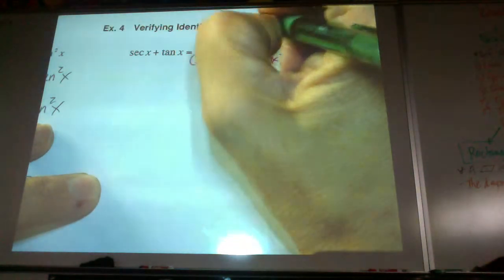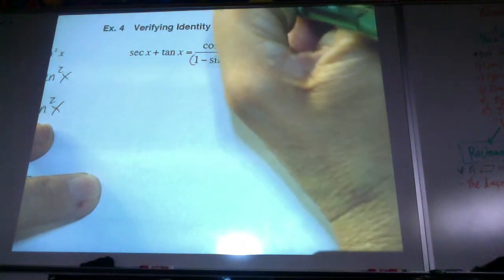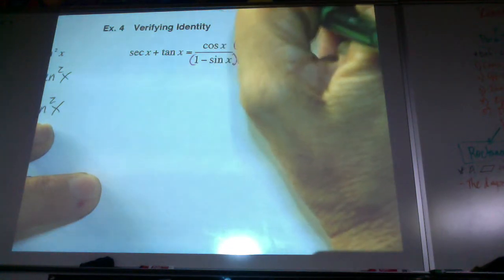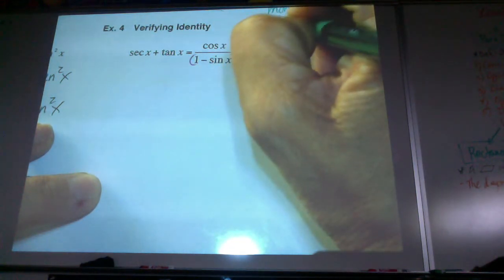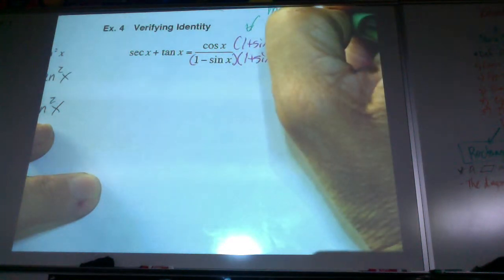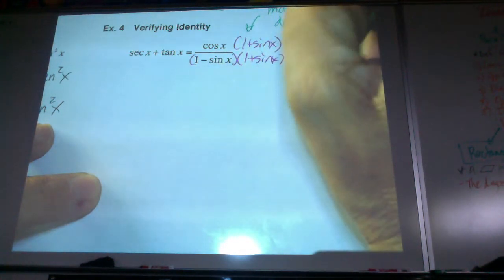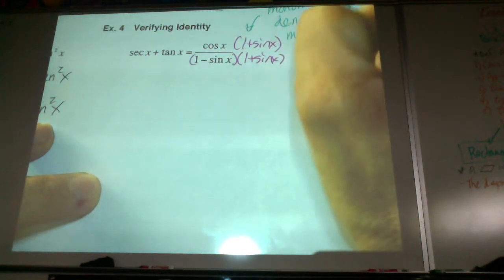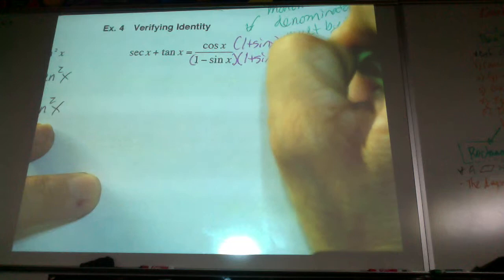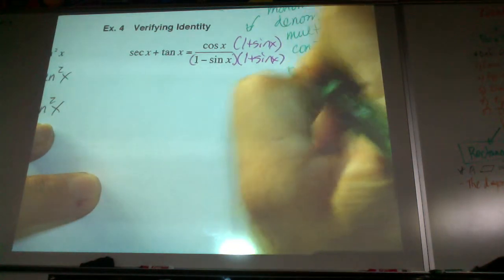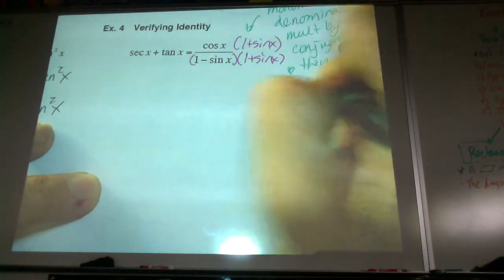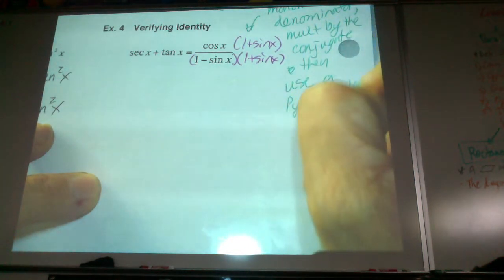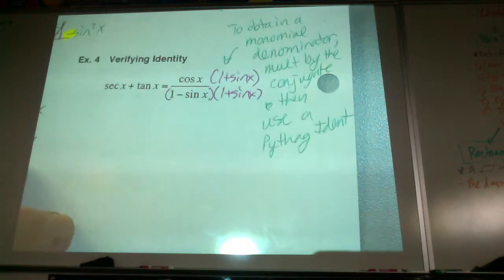You might want to write yourself a note: to obtain a monomial denominator, multiply by the conjugate, and then use a Pythagorean identity.